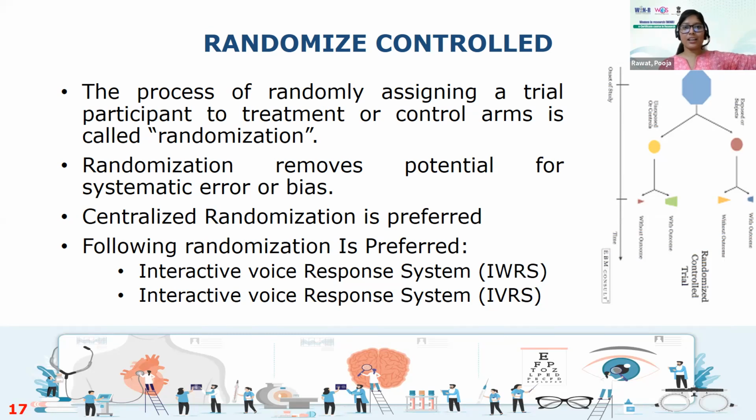Site 1 has enrolled 1 subject today, and site 2 has also enrolled. Whoever has enrolled, the details are fed in the system earlier, will be assigned 001, and site 2 will be assigned 002. So your next patient at site 1 will be 004.